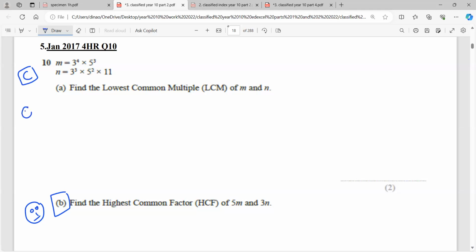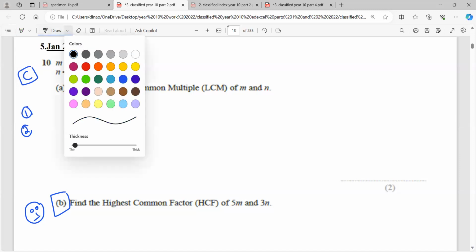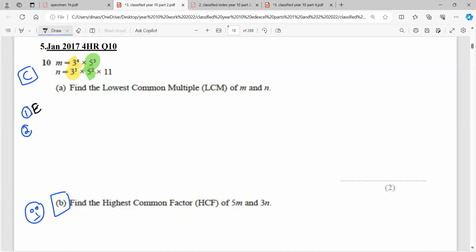Now let's state the conditions again of the LCM. For the common, I'm going to highlight the common. For the common, we select the bigger power. Okay, I'll write my two cases here. I select the bigger power for the common numbers, and then I take all the remaining factors as well.